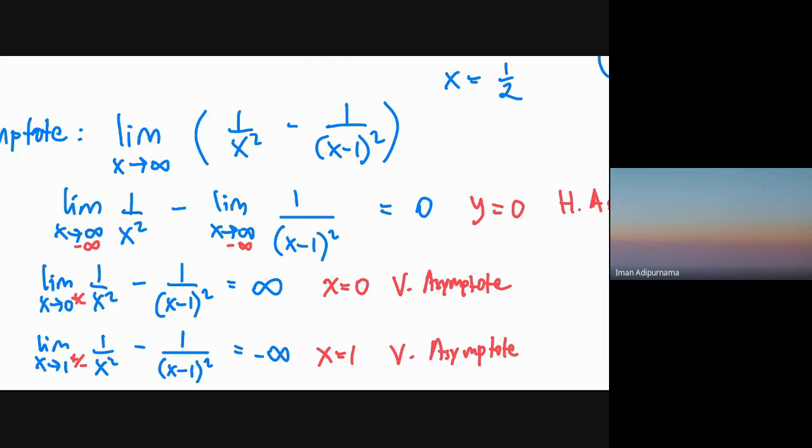If you want to be more precise, you can think from right and from left. For example, at 0, maybe you can check from 0.1, right? Or maybe negative 0.1. You can also check with that. And imagine your point putting here.